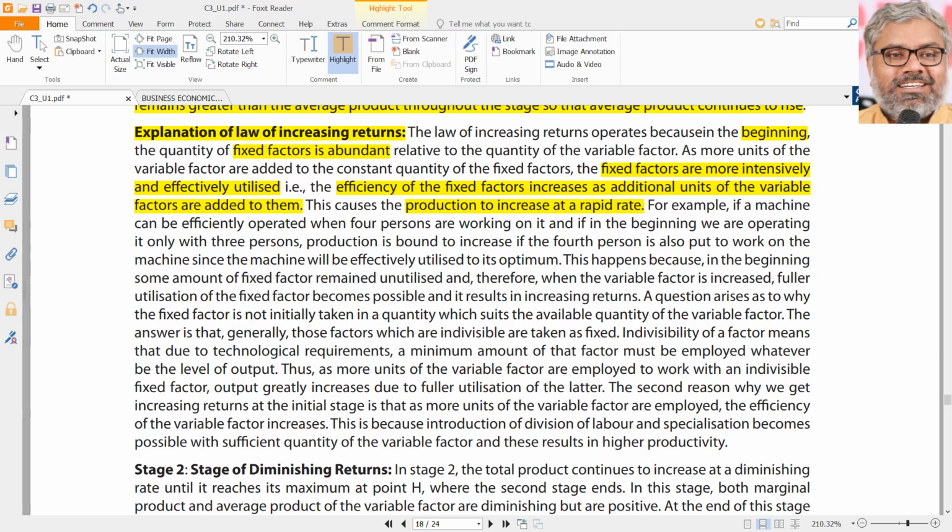Average product will keep on increasing in this stage 1, and marginal product, of course, it will increase in the beginning days, and later after some time it will decline. So in this stage, is there a possibility of marginal product already declining also? Yes, but that happens at the latter end of this stage 1. Initially all the three will keep on rising, and they will rise rapidly in the beginning till the point of inflection where the marginal product peaks.